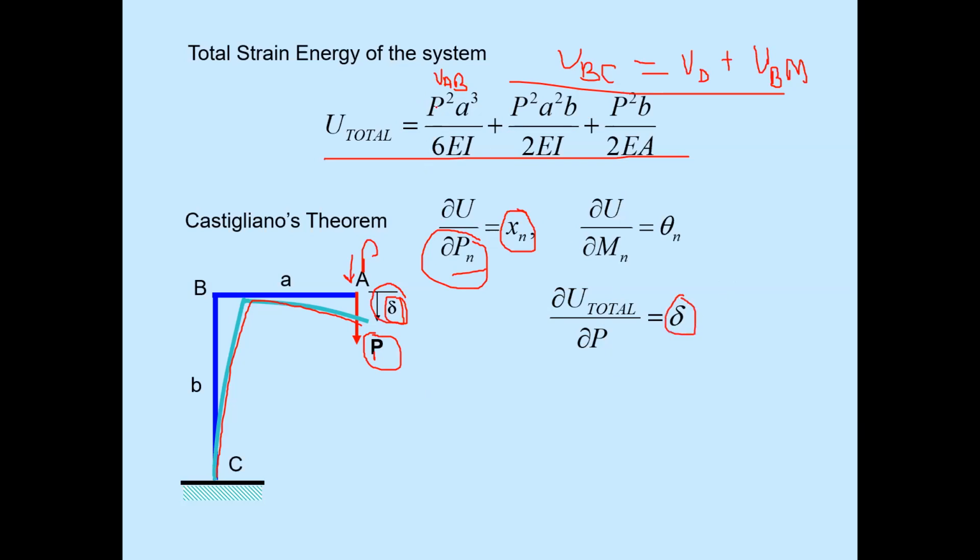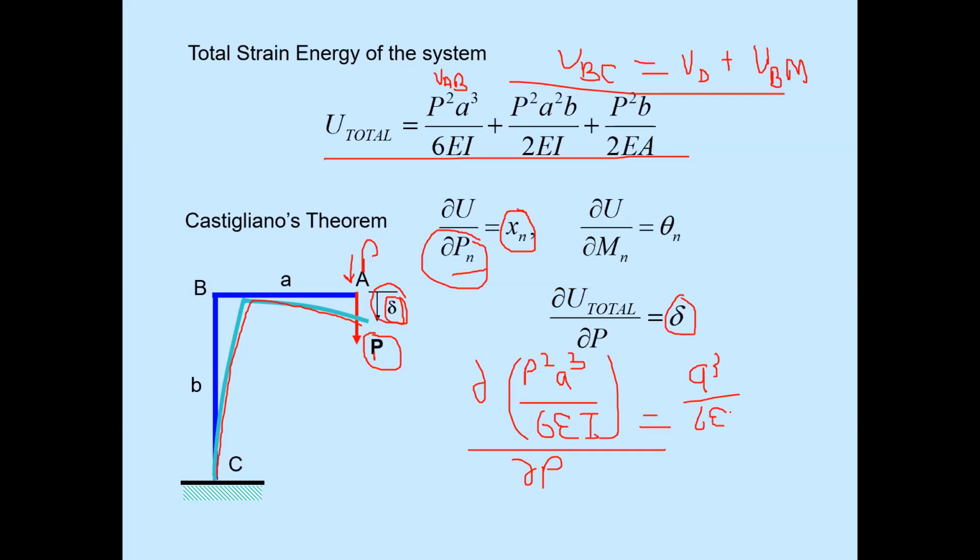You can easily differentiate this: P squared A cubed upon 6EI. What is the differentiation of P squared? It is 2P. I will show you the differentiation of only one term, then you can easily solve the rest by hand because you need to solve this in an exam. This is our del U upon del P. All are constants, so they will come out: A cubed upon 6EI times del P squared upon del P. The differentiation of P squared is 2P.